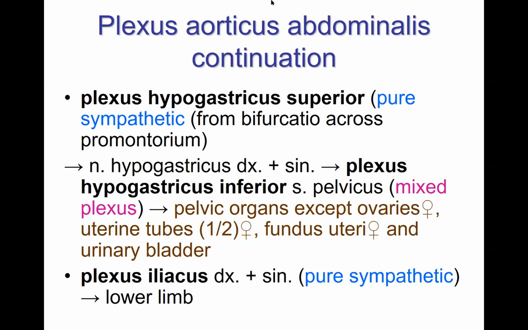They receive the sympathetic fibers via two ways, and I will show you how. So you can imagine we have a spinal cord, and in the spinal cord, the gray matter, and from the gray matter, we have the visceromotor sympathetic fibers.